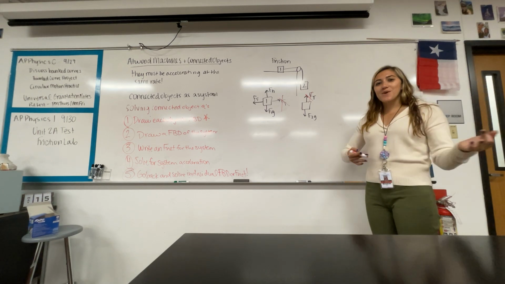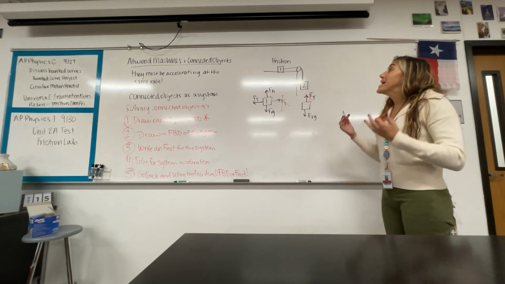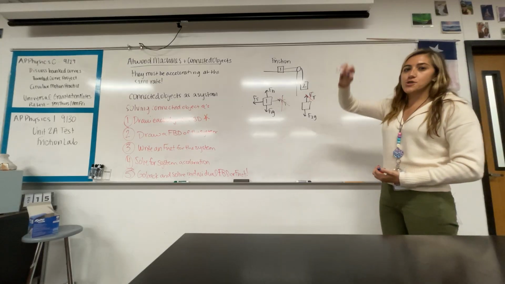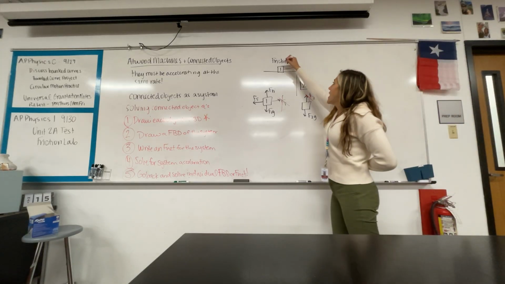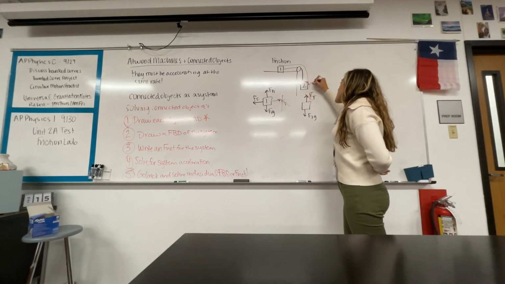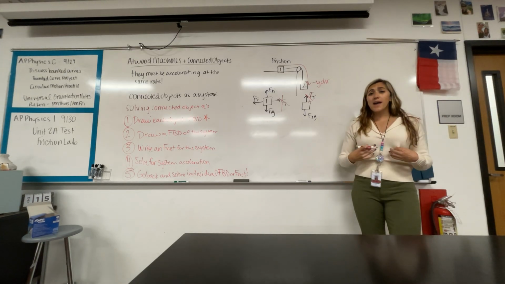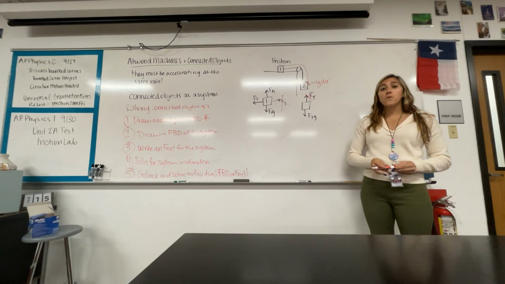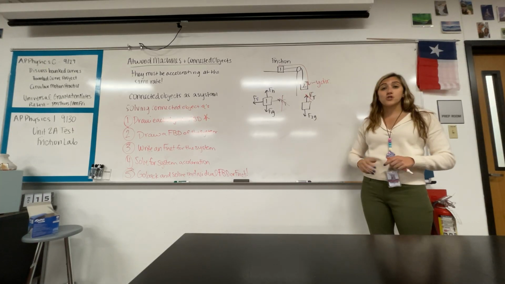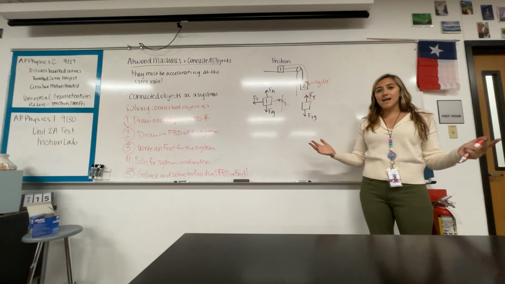Now I have to decide which direction is going to be what. Even though this isn't a full pulley and it doesn't do the whole U-turn, I still have to say that this is going to be my negative Y direction. That's the way I do it most of the time. If you want that to be your negative X direction or your positive X direction, it's up to you.